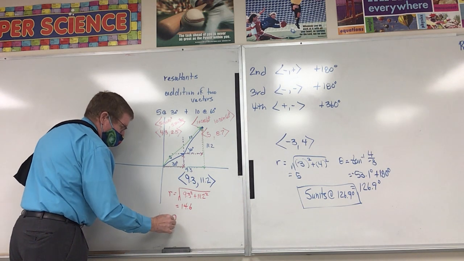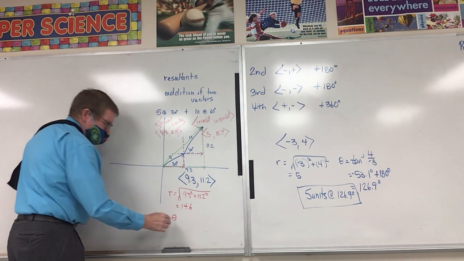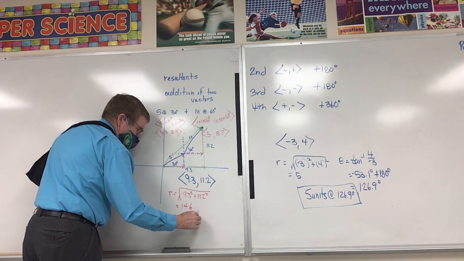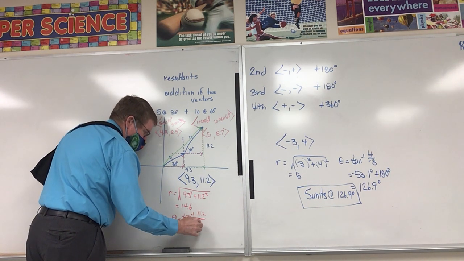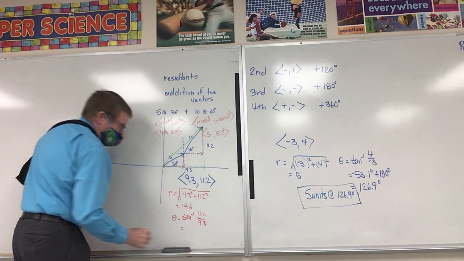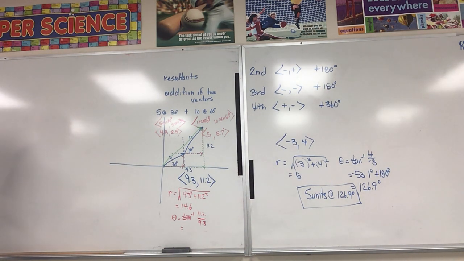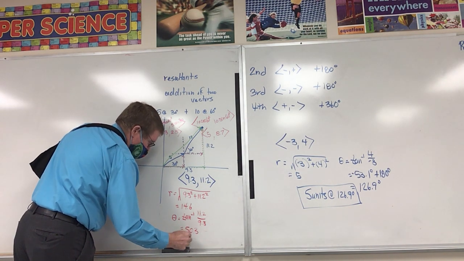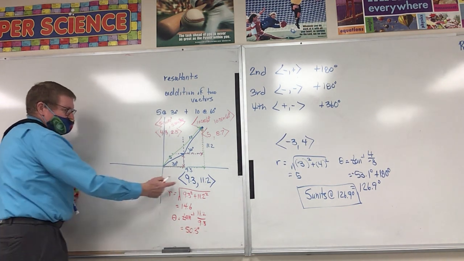How do I find my theta? Inverse tangent of the y coordinate, 11.2, over 9.3. Which is 50.3. All right, positive, positive.